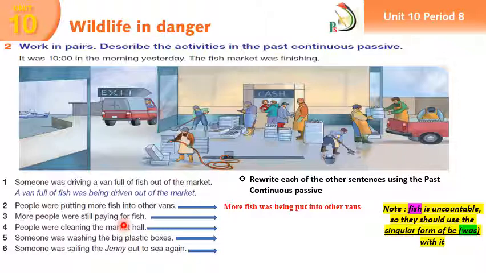It's very easy. This is the answer: Fish was still being paid for. Fish is uncountable, so we use was.